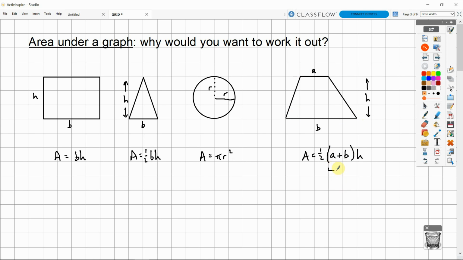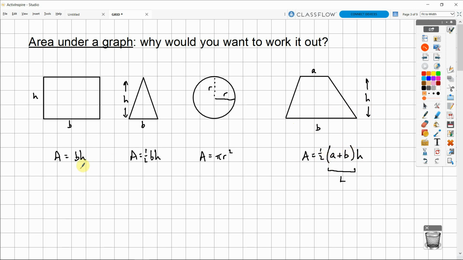So the contents of this bracket are still just a length. And then we multiply that length by the height, which is perpendicular to these lengths. So we still have a dimension multiplied by a perpendicular direction adapted for the particular shape.